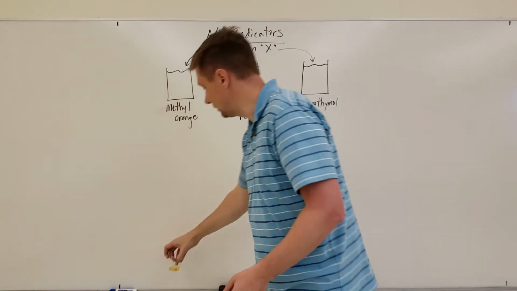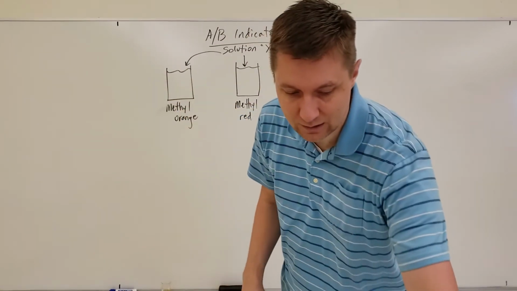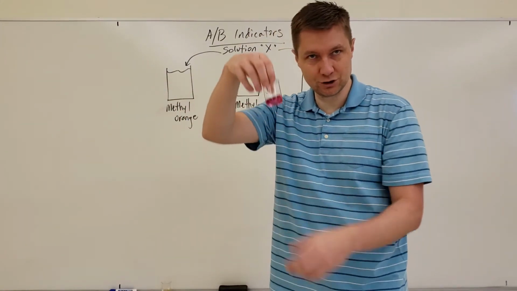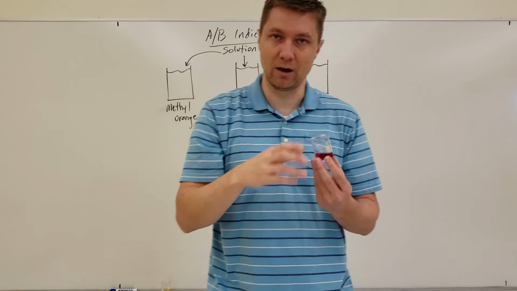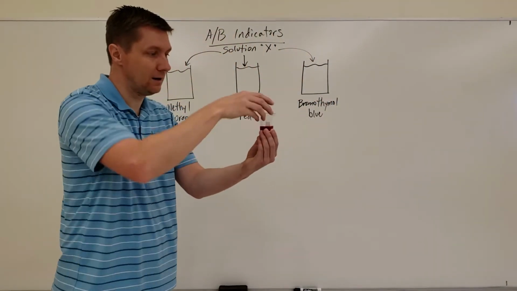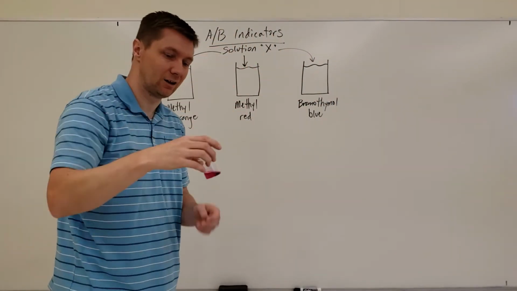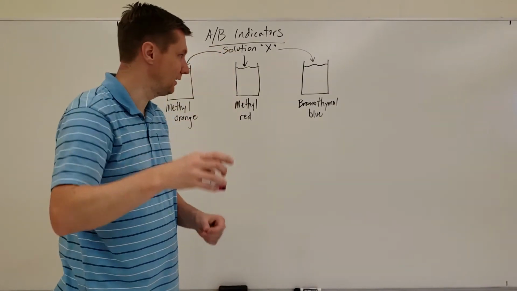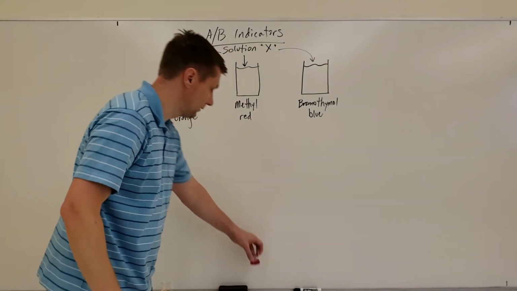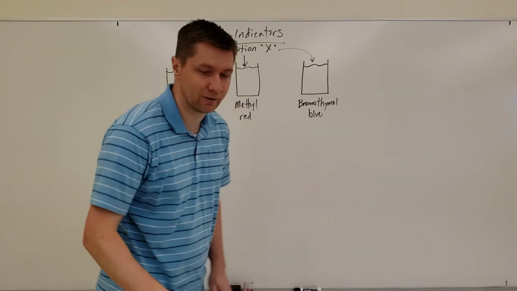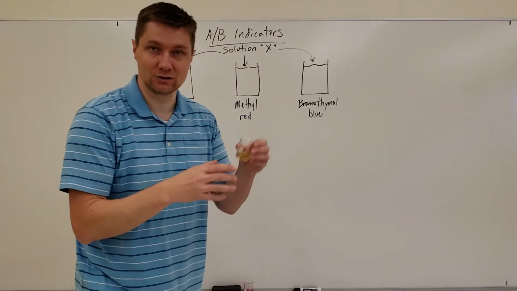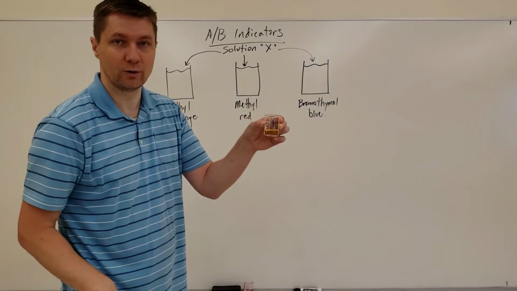This is yellow. I can take the same solution, solution X, and test it with methyl red. And so methyl red ends up being a red color. I know it kind of looks pink, but this is the red of methyl red. And then this is, again, solution X, but tested this time with bromothymol blue.